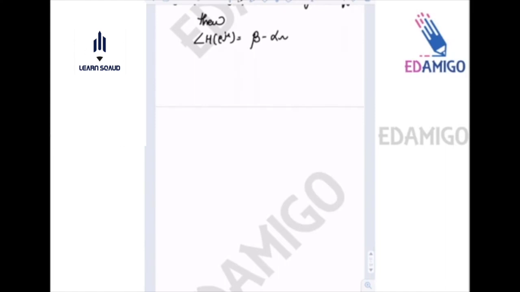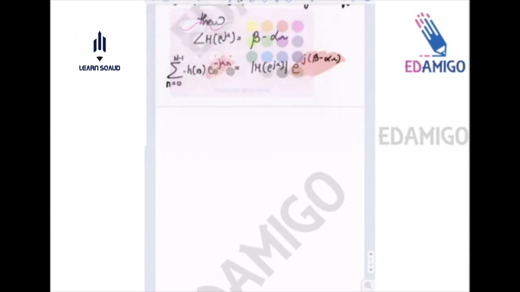Applying the same condition, the summation n equal to 0 to N minus 1 of h(n) e to the power minus j σ n is equal to the magnitude and the phase, that is beta minus alpha σ. Now applying the same method, we will write these two exponentials in sine and cos, the same method as we have done earlier.